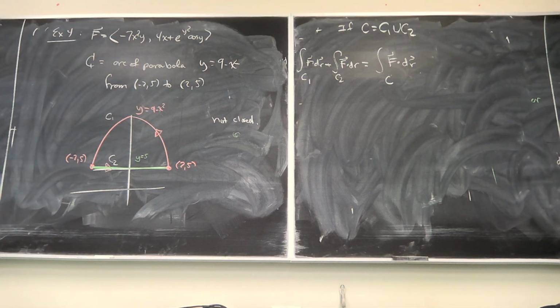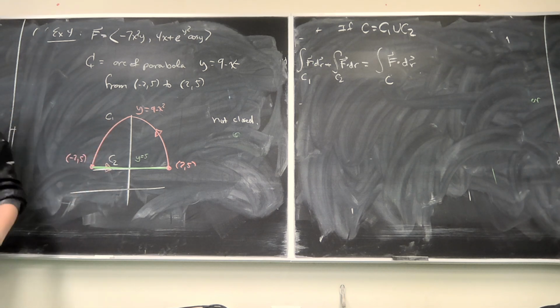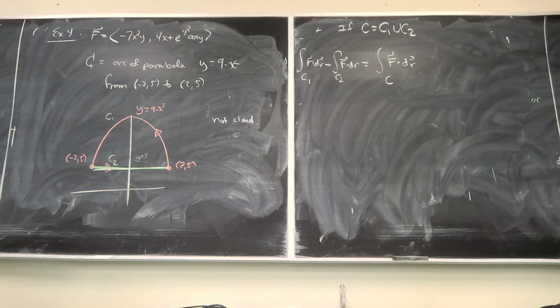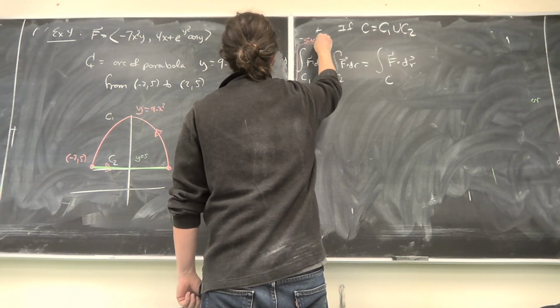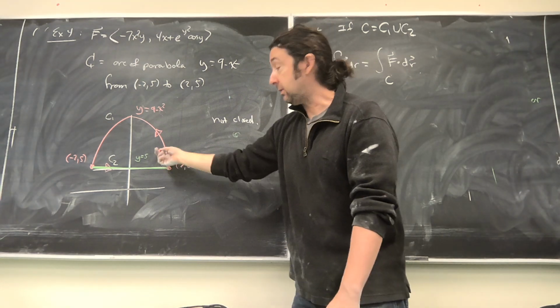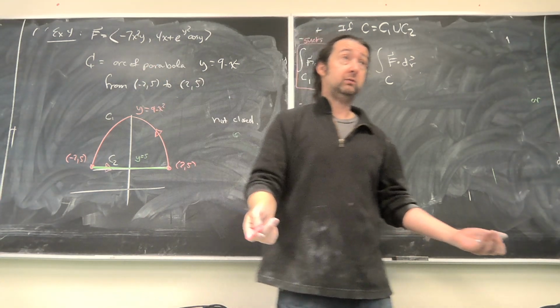This is how parametric integrals work, right? The integral on the first part plus the integral on the second part equals the whole integral. So this one is the one that sucks. You can imagine parametrizing this thing and then plugging that into this function is going to give you an impossible integral.